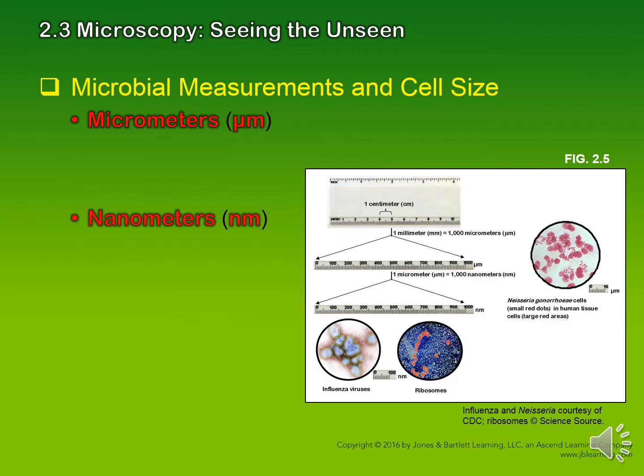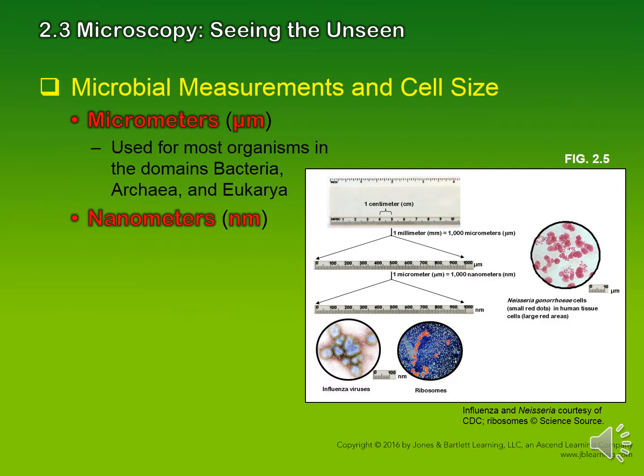Okay, and there are 1,000 micrometers in a centimeter. Okay, and so those are where the majority of our microbes, our bacteria, are being placed.